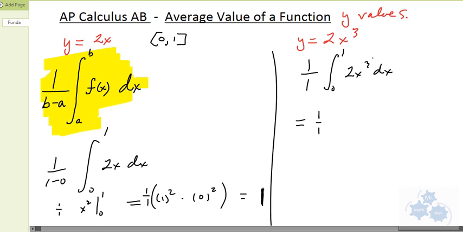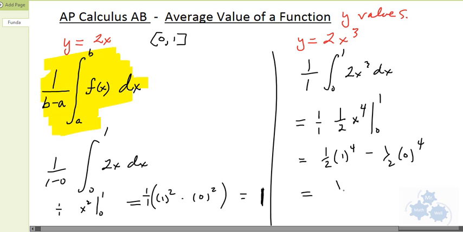When we do the integral here, that goes up to 4, and then it's divided by 4, so it's 1/2 x to the 4th, and that's evaluated between 0 and 1. So it's going to be 1/2 times 1 to the 4th minus 1/2 times 0 to the 4th, which is what? 1/2.